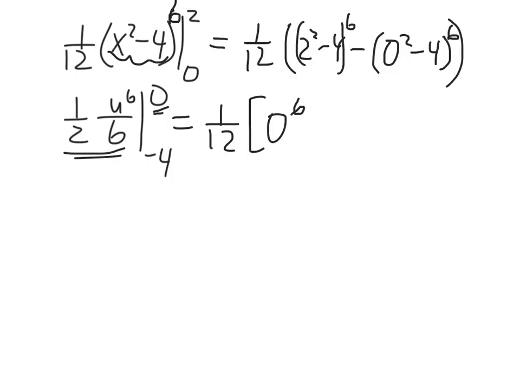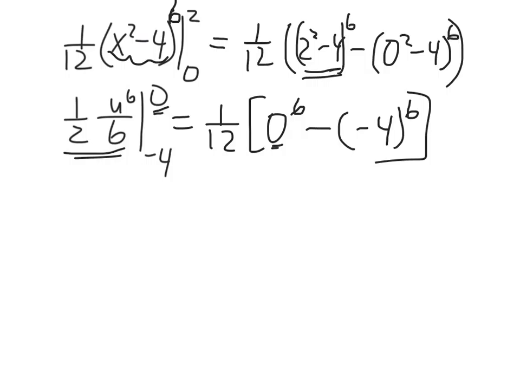So in this case, we'd have 0 to the 6th and then minus -4 to the 6th. Well, as we look at each part, what does that all simplify to? 2 squared minus 4 is 0, so we'd still have 0 to the 6th.